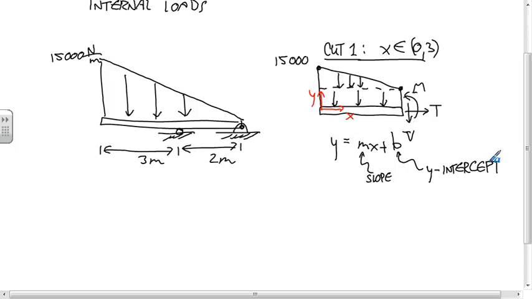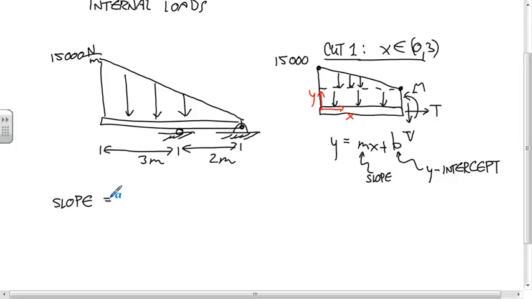Okay, so how do we figure out the slope of that line? Well, we know it goes from 15,000 to 0. That gives you the rise, and the run is 5 meters, right?